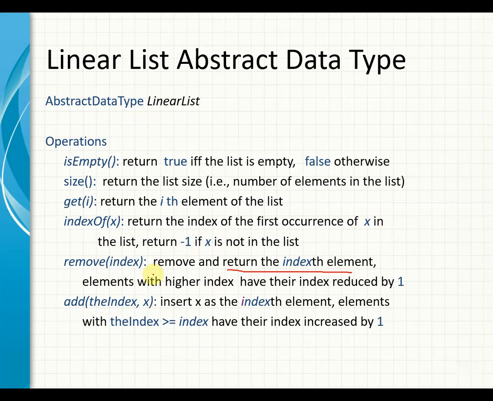And then you can also add an element x at the given index, and elements with an index greater than this index will increase by 1. And lastly, it can output the list of elements from left to right.